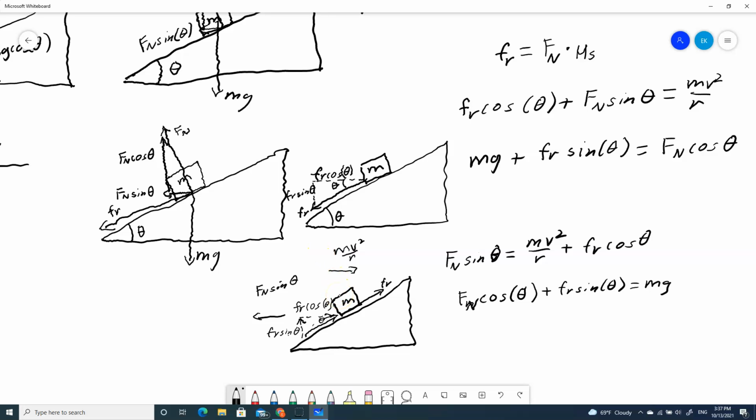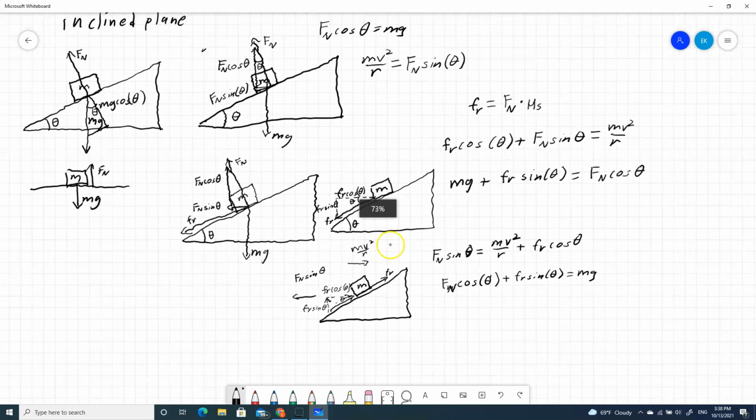And keep in mind who's vertical, who's horizontal. Keep in mind that there's mg. Keep in mind where the force of friction faces. If we're sliding up, force of friction is going to face the opposite direction, down. If we're sliding down, force of friction is going to face the opposite direction, up. Keep that in mind, and I hope that this video can help you solve some problems.